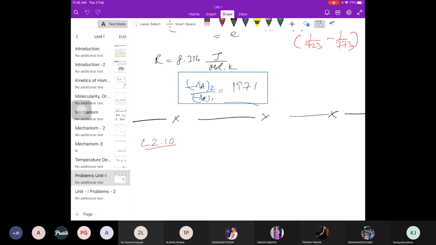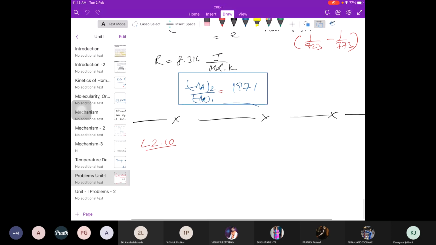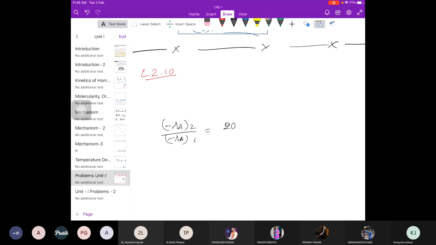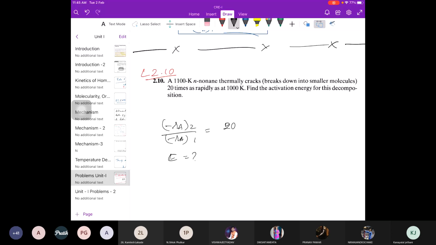Okay so what is given is R2 by R1, it is given as 20, right, and you need to find activation energy. T1 is equal to 1000 Kelvin and T2 is equal to 1100 Kelvin. So we can use this equation.